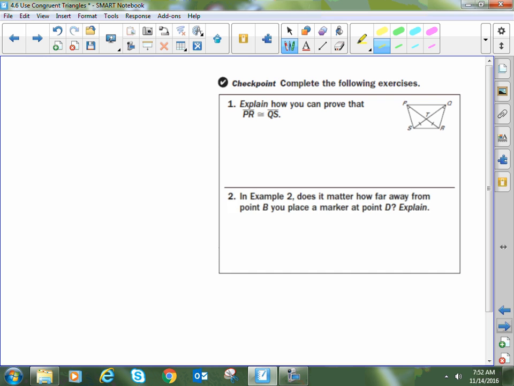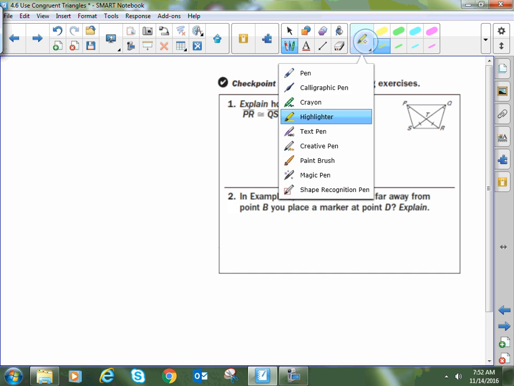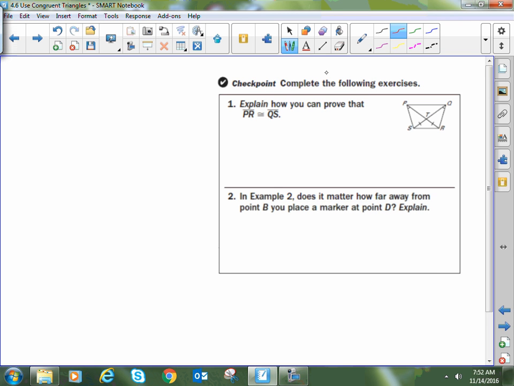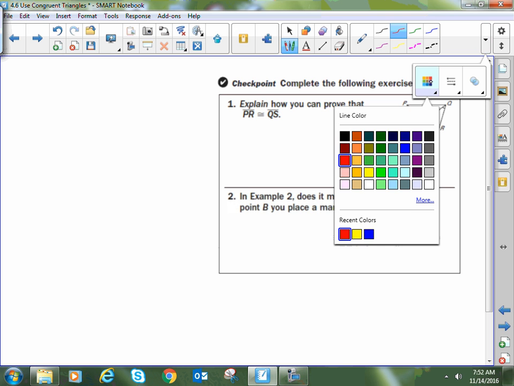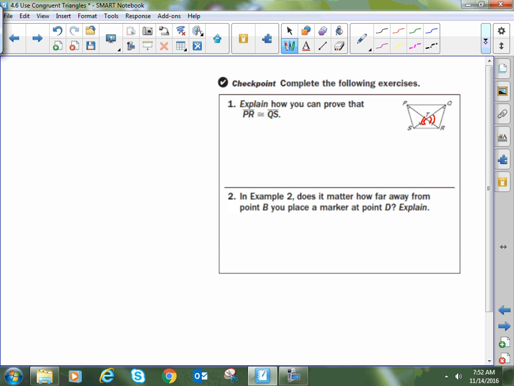And angle SPR and angle RQS, that was also given to me. But I also know that here at point T, those vertical angles, PTS and QTR, those angles are the same. So here, let me try and highlight what I'm looking at without corrupting the image too much.